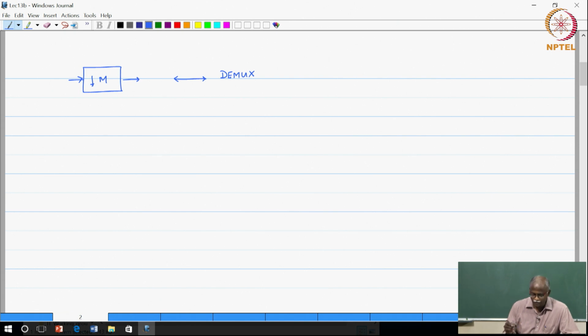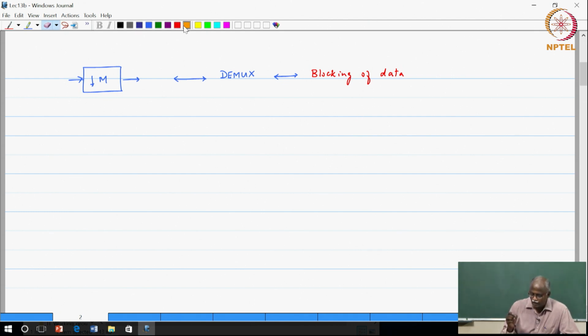So, it has the view of a demultiplexer, and we also saw that this has the same role as blocking of data, creating blocks of data. So, that is a linkage that I would like you to keep in mind.